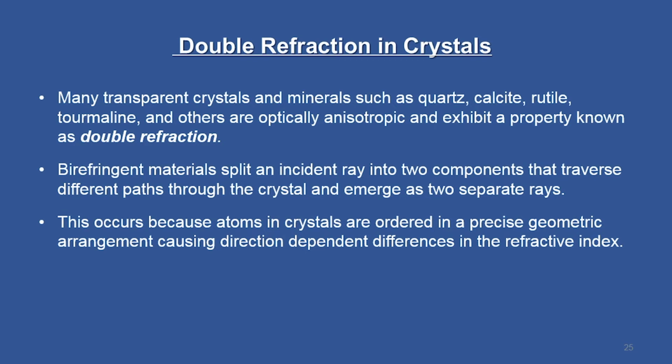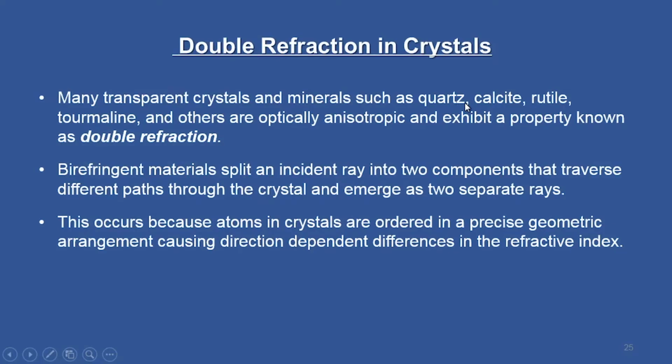So, now we will look at what is double refraction in crystals, because we are going to look at the concept called birefringence, and for that we need to know what is double refraction in crystals. Many transparent crystals and minerals such as quartz, calcite, rutile and tourmaline and others are optically anisotropic and exhibit a property known as double refraction.